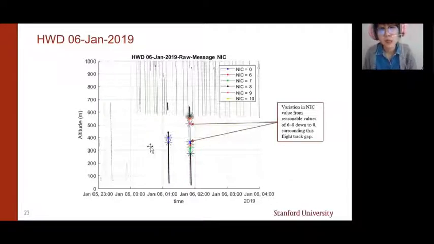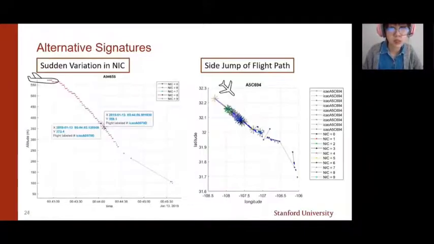But for non-standard flights, such as this one on the left-hand side, what are the main causes of those behaviors? After running all the flights over those 6 months, we found there are 2 other main types of non-standard flights, which we summarized here. The first type is sudden variation in NIC value.